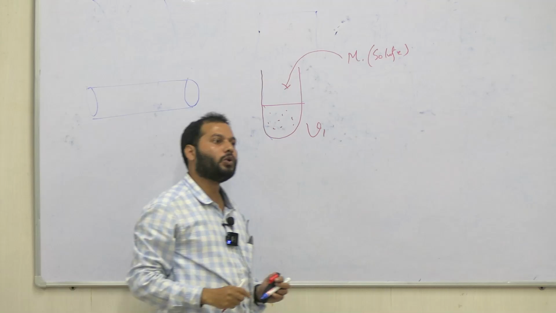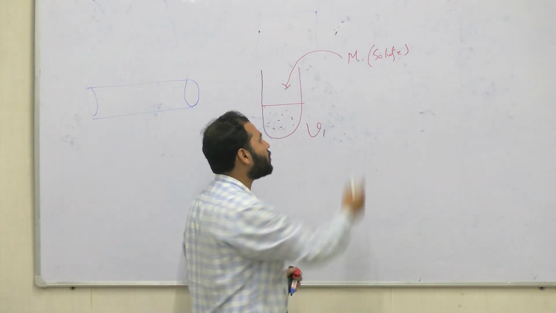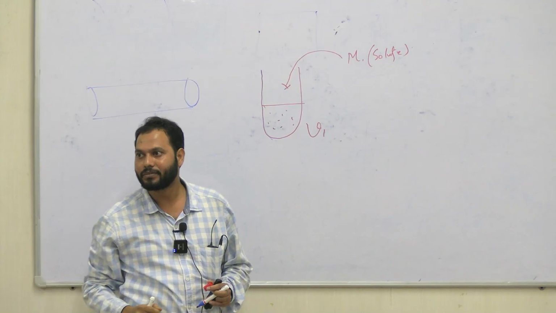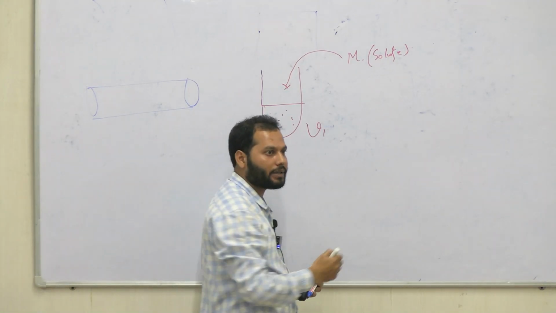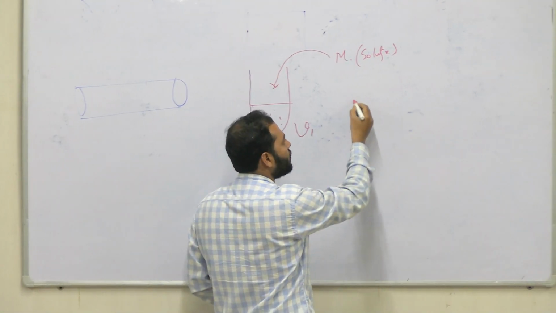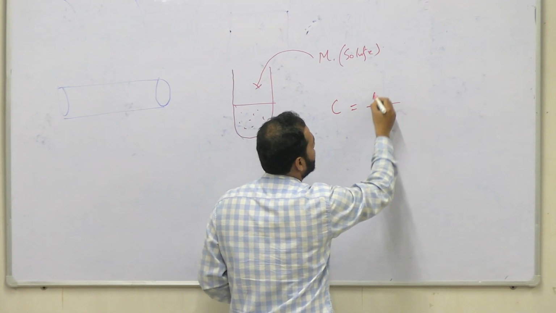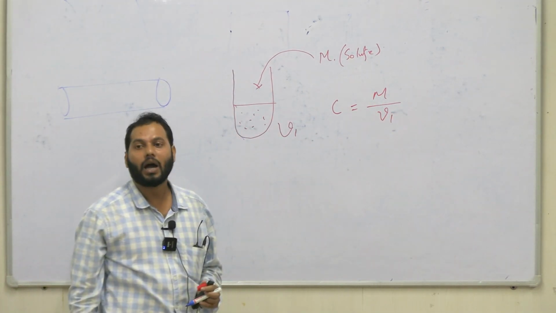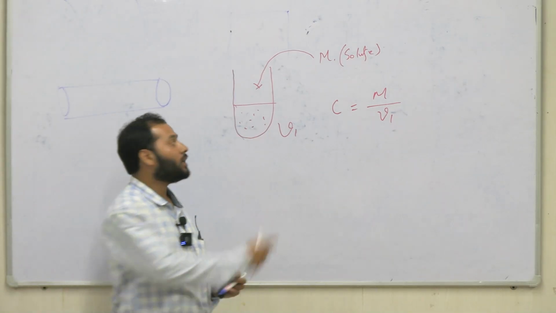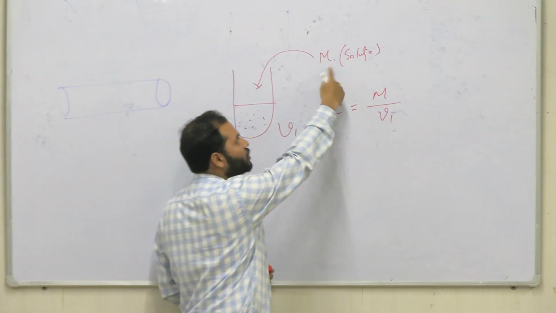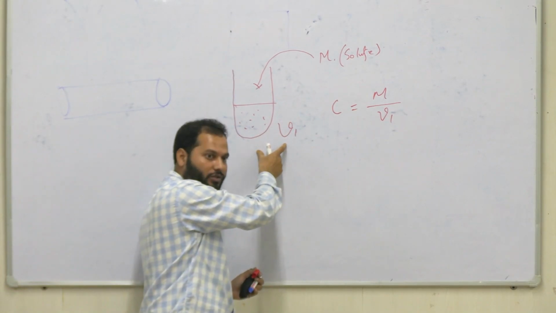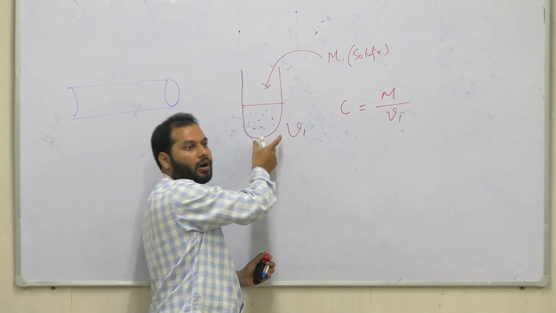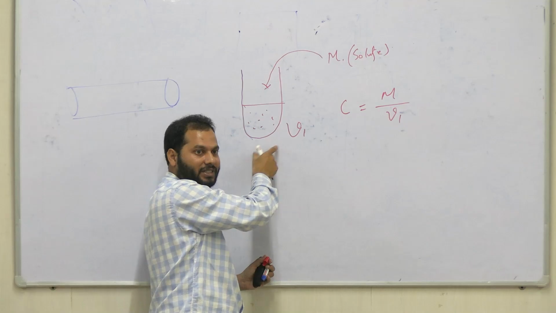Now if we want to calculate the concentration of that solute present in this particular fluid, how do we calculate it? This is the formula to calculate the concentration of the solute present in this tube, because we already know the volume of the fluid present in this tube.